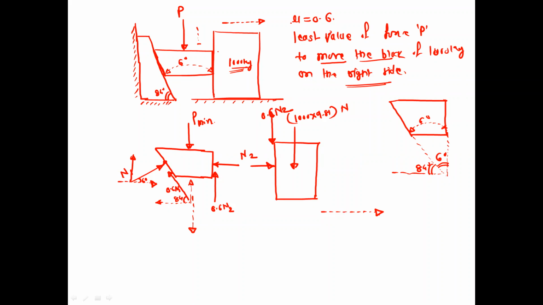So as the motion is in the upward direction for this surface, friction will be opposite. So this is the friction. Okay. So 0.6 N2 is in the downward direction. And at this contact surface, this is normal reaction. So this is N3 and impending motion is towards right. So friction force will be opposite. So this is 0.6 into N3.